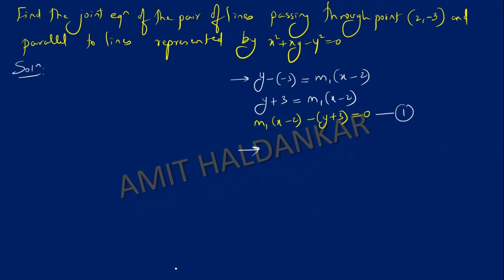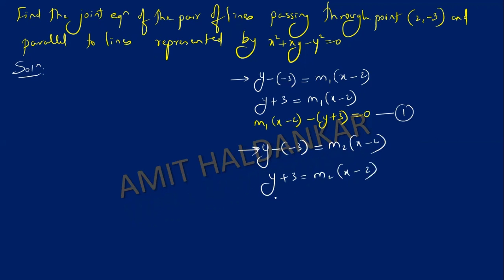Now what will the second equation be? The second equation is y minus y1 is equal to m2 into x minus x1, so y plus 3 is equal to m2 into x minus 2.